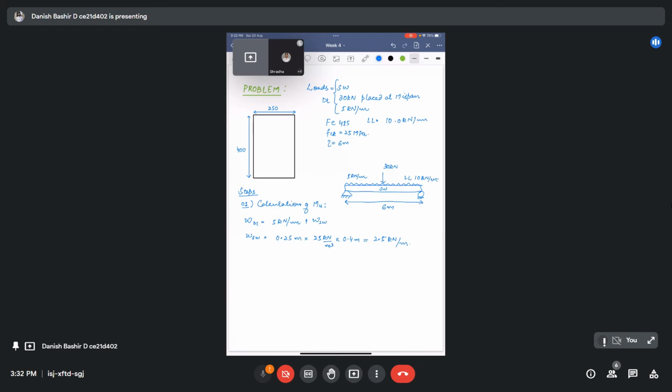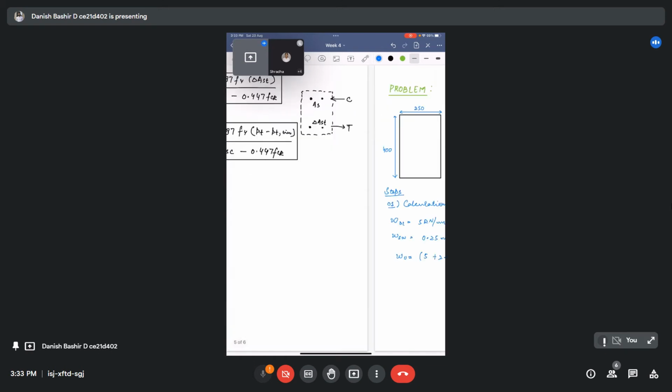So the factored load WU will be the dead load plus live load: 5 plus 2.5 as self weight plus 10 as live load, times 1.5. 1.5 comes as the load factor.